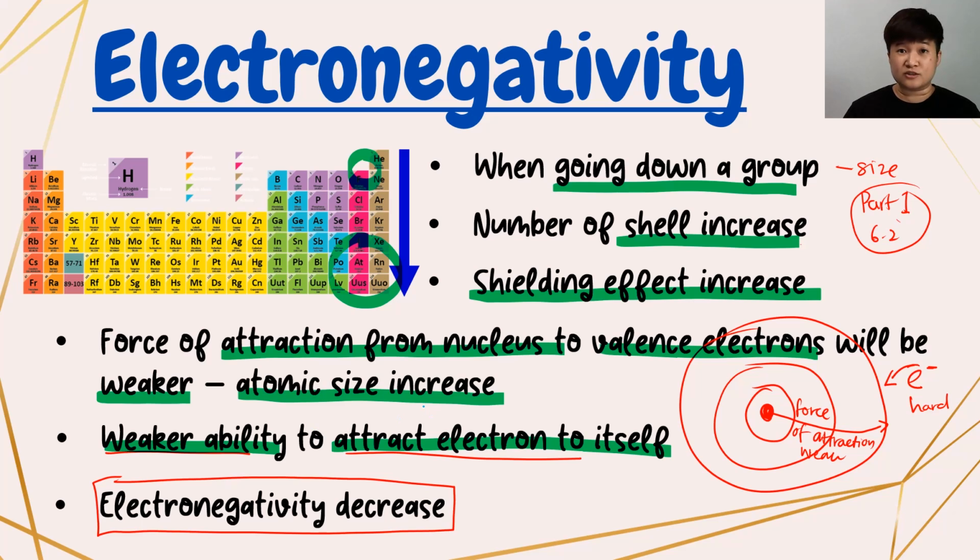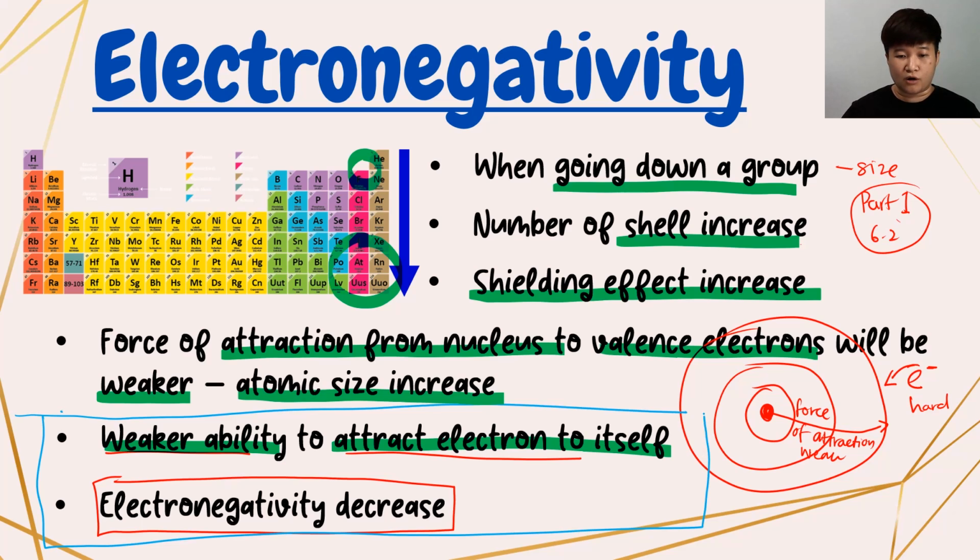So basically, it's not 100% new thing that you are learning. We are only adding a bit more to the size that you have learned previously. You have learned in your 6.2 part 1 video until here, where the atomic size increased. So what we are adding in this video is only the ability of attracting electrons.